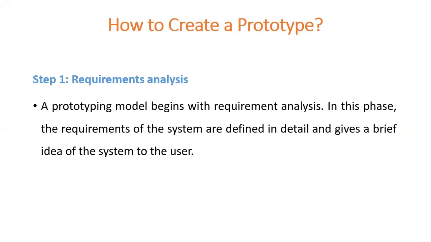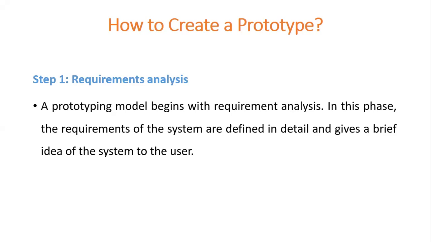Next, we shall discuss how to construct a prototype. Here are a few steps as listed below. The first one is finding out the requirement analysis. Initially, the construction of a prototype model begins with the requirement analysis. In this phase, we need to find out the need for the prototype model.